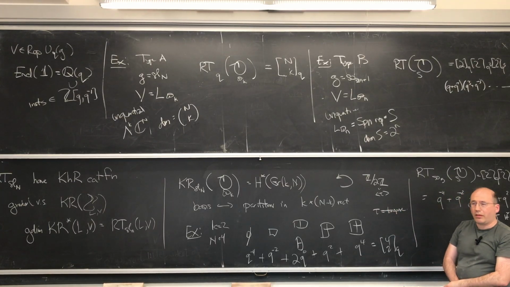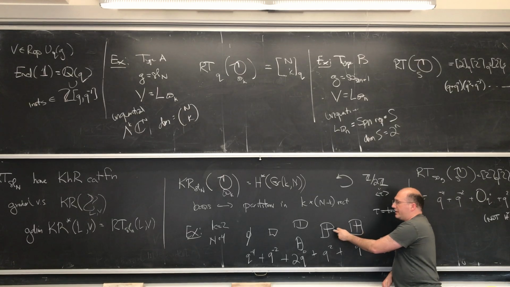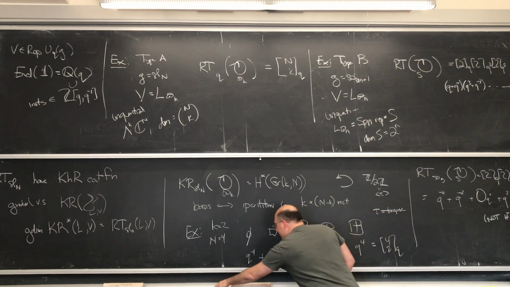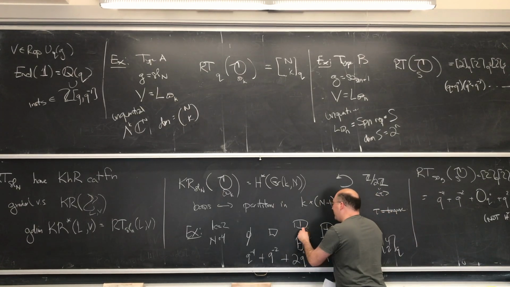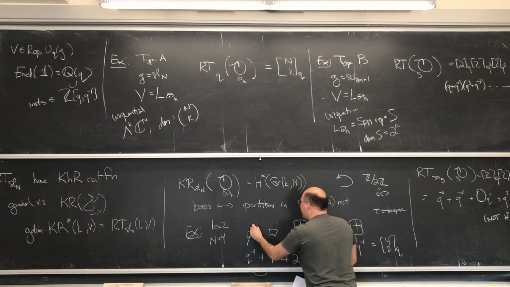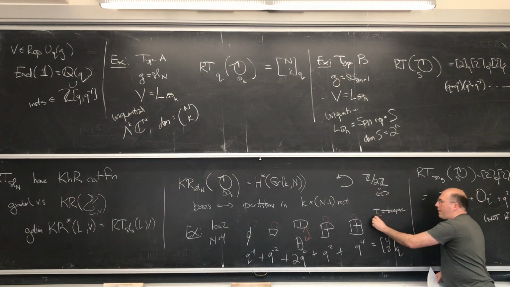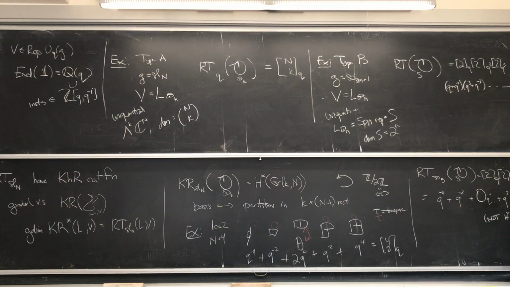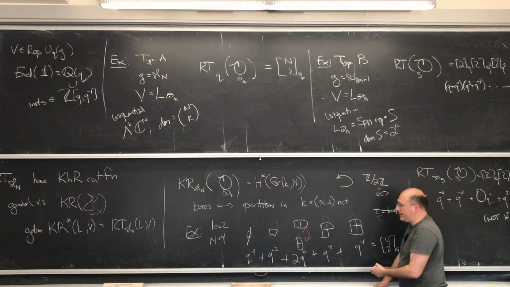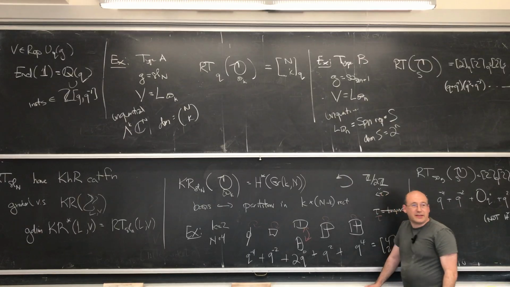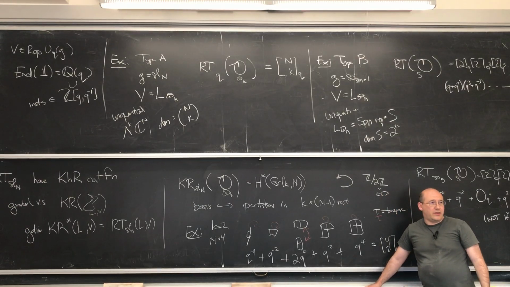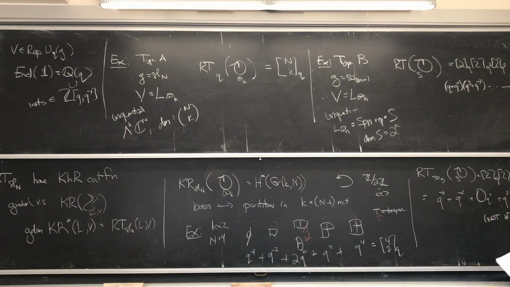So tau fixes this, tau fixes this, tau will swap these two, and then tau fixes this, and tau fixes this. The graded dimension of a vector space is basically the trace of the identity, the quantum trace of the identity, if you want to call it.